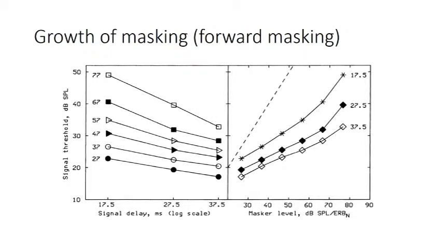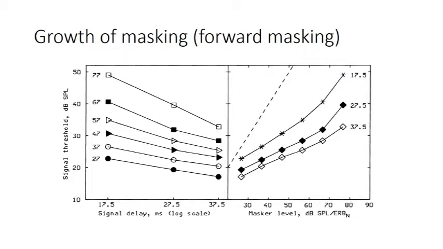As you can see, on the right panel we have 3 curves representing 3 different numbers, 17.5, 27.5, 37.5. Where are these from? These are the 3 different signal delays we had on the left panel. So we regrouped the data points from left to right. Do you follow that?